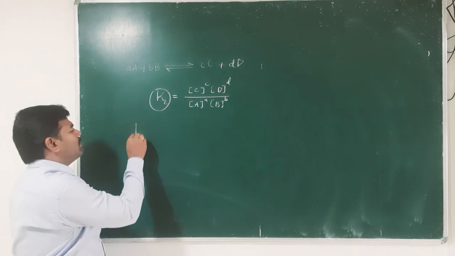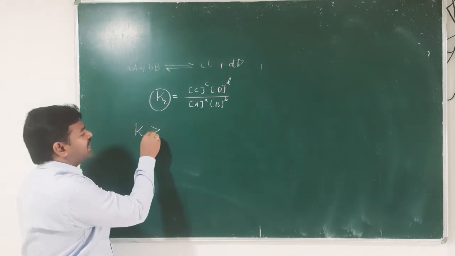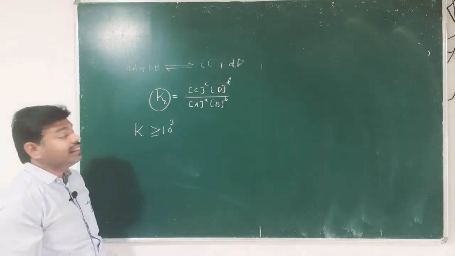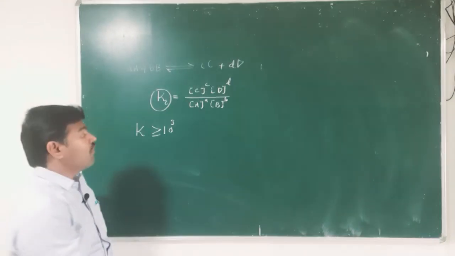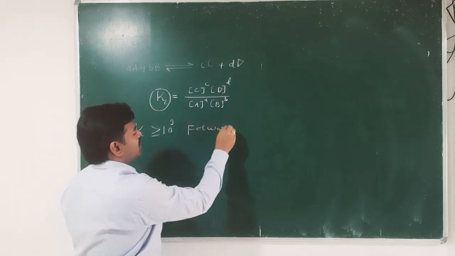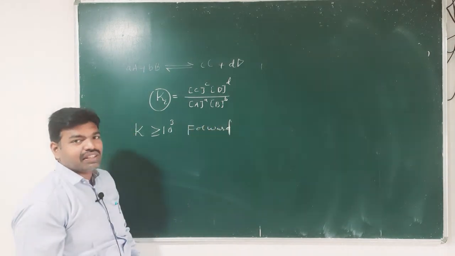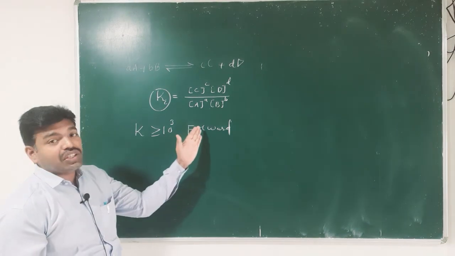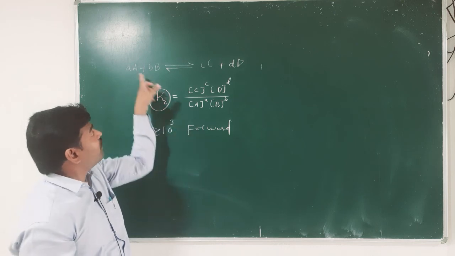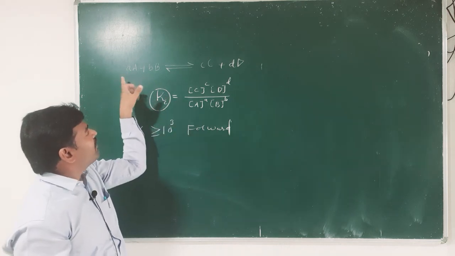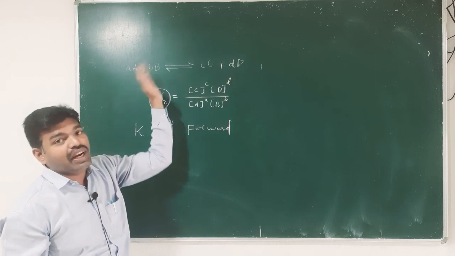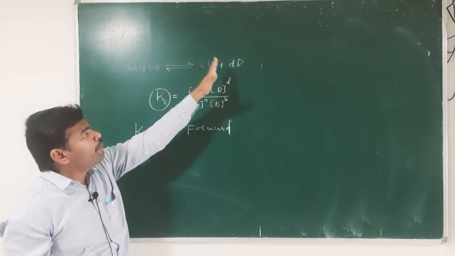So if the equilibrium constant K is greater than or equal to 10 cube, then the reaction is a forward reaction. That is, products are predominant over reactants, because the forward reaction is from left to right, that is, reactants to products.